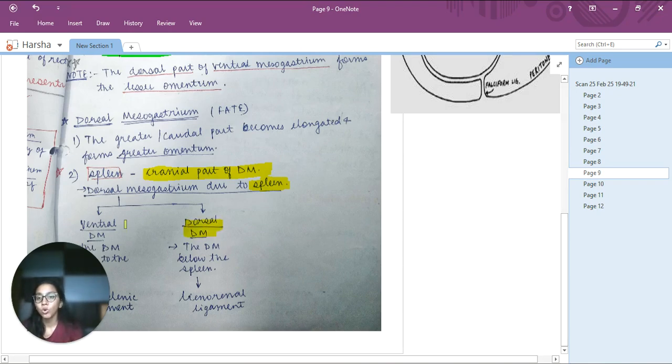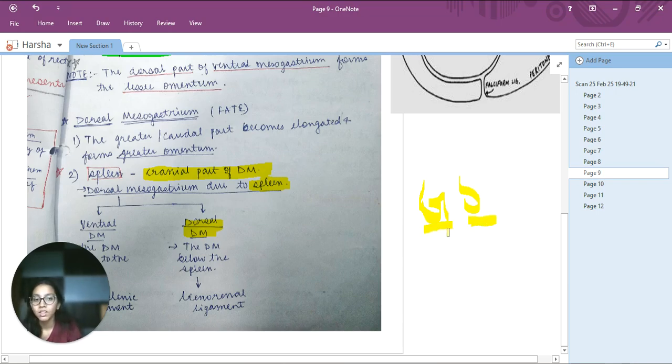Fine. So the ventral dorsal mesogastrium forms the gastrosplenic ligament. Now what is the gastrosplenic ligament? G is gastric, meaning stomach, and S is spleen.